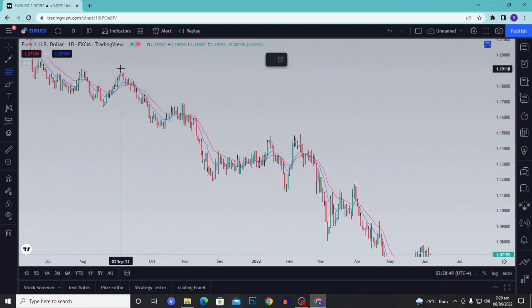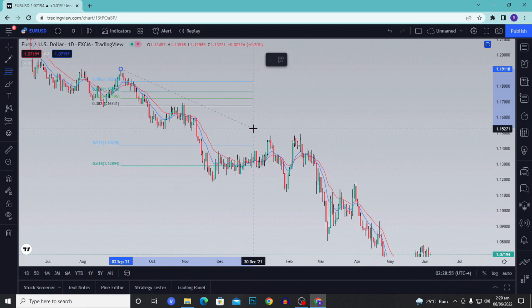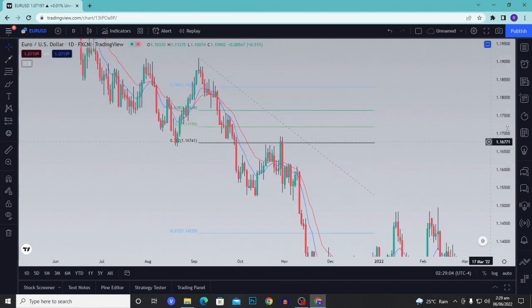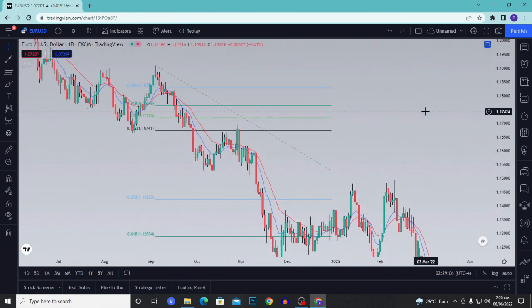You drop a fib from the top of the impulse move all the way down to the bottom of the impulse move, which is over here. And then you wait for price to retrace back up to one of our levels.